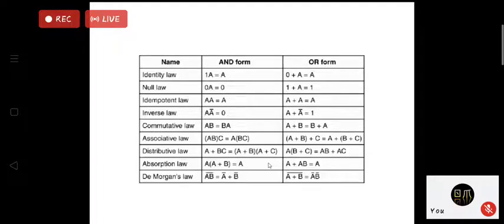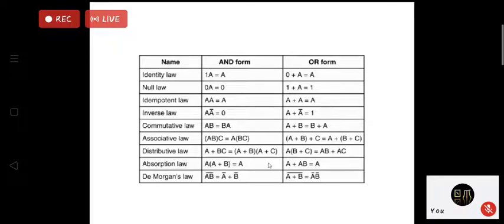So when I say identity law, 1 into A is equal to A, you don't have to memorize it, because if I put variable A as 0, 1 into 0 is 0. So whatever is the value of the variable A, that was 0, 0 has come. If the variable is 1, multiplying by 1 gives the variable itself.